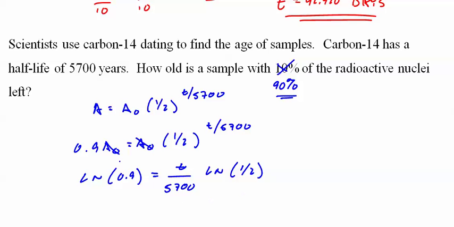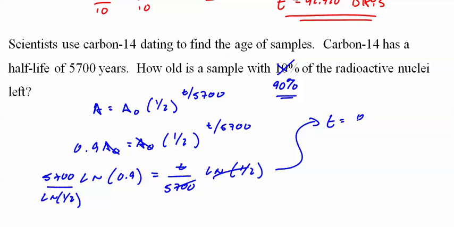Divide, multiply. We get t equals about 866 years. So that's how they do carbon dating, and it's not quite that accurate, but it's accurate enough to give some good data.